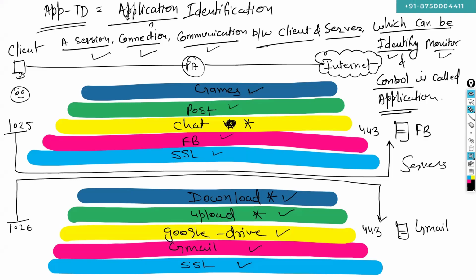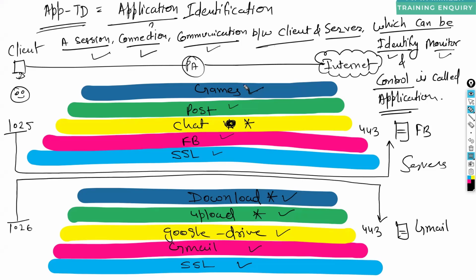So what is App ID? With the help of App ID, we can identify, monitor, and control the session or connection or communication between client and server. To do so, we need application signatures, and those signatures will be provided by Palo Alto.